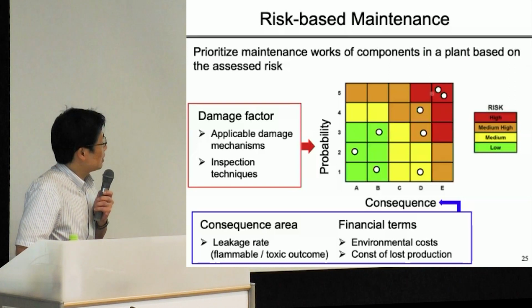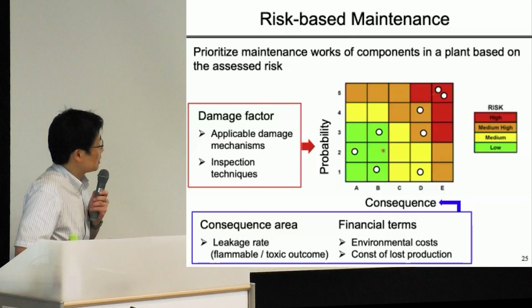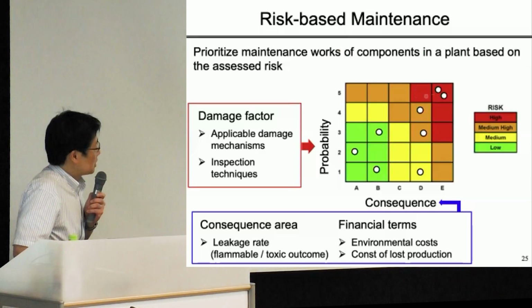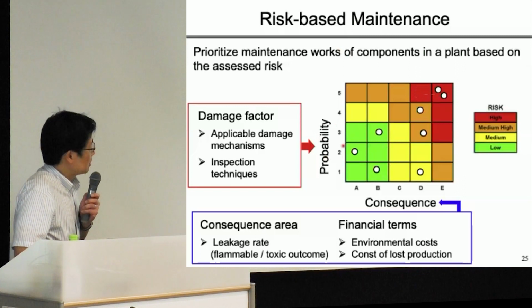So we should assign a lot of maintenance work to this component to decrease its risk. This can be achieved by decreasing the probability of failure or decreasing the consequence of failure.